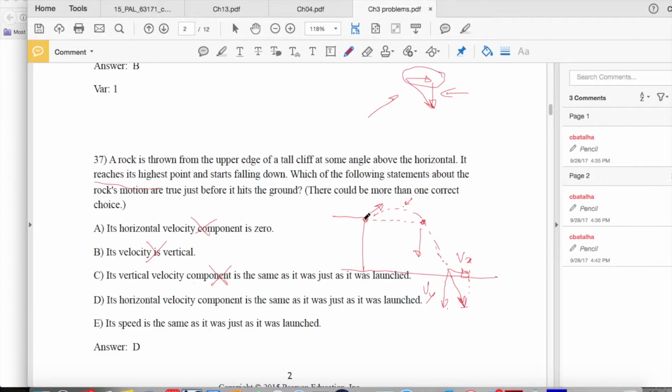So right here it is positive. So the projection is a positive number, but when it goes down right here, the projection is negative. Its horizontal velocity component is the same as it was just... This is a good one. Its speed is the same. No, it's not. Its speed changes all the time.